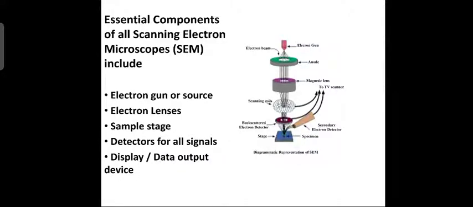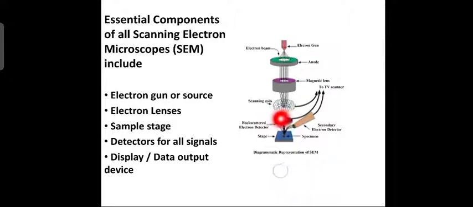Now, here there is the diagram. It shows the SEM. You can see here the electron gun, which produces a beam of electrons. There is an anode here. There are magnetic lenses here. It is passed through scanning coils.